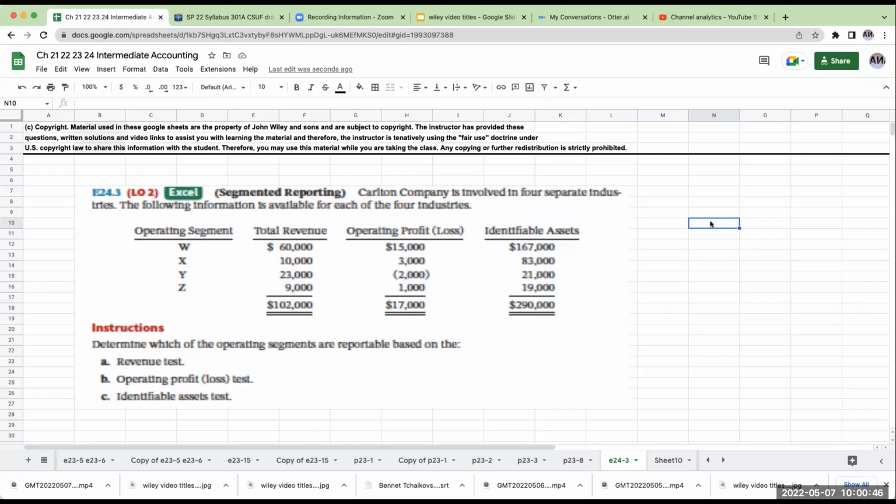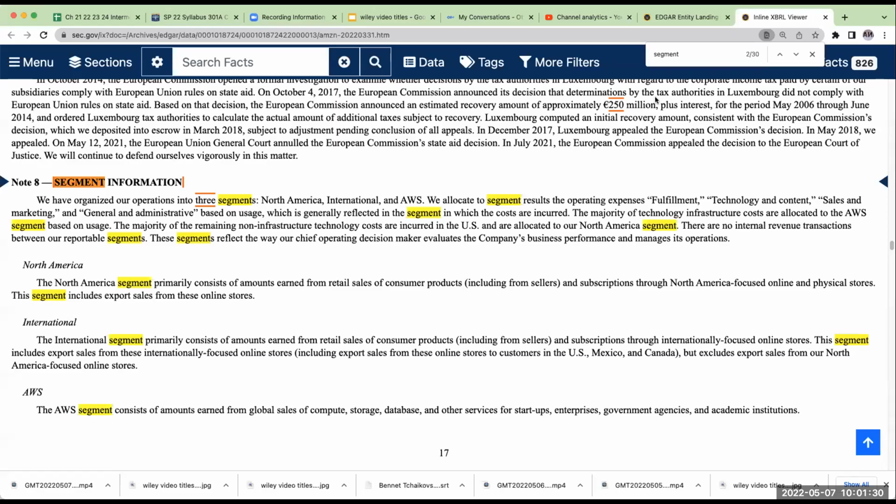What you'll sometimes see, for example, for Amazon Web Services, and let me just pause a moment. This is Amazon, from their quarterly report. I believe this is for March 31st, but they've organized their operations into 3 segments: North America, International, and Amazon Web Services. We allocate segment results of the operating expenses, fulfillment, technology, and content based on usage, which is reflected in the segment in which the costs are incurred.